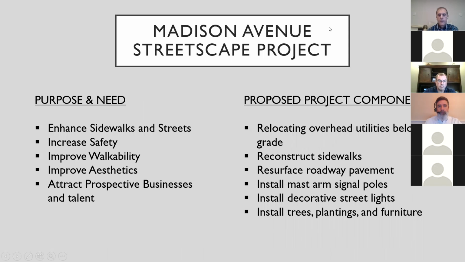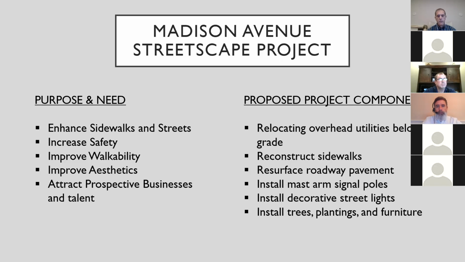To start off, the purpose and need for the project is to conform with the city streetscape design guidelines that they had set forth for the city. This includes enhancing sidewalks and streets, increasing safety, improving walkability, improving aesthetics, and attracting prospective businesses and talent to the downtown area of Covington.